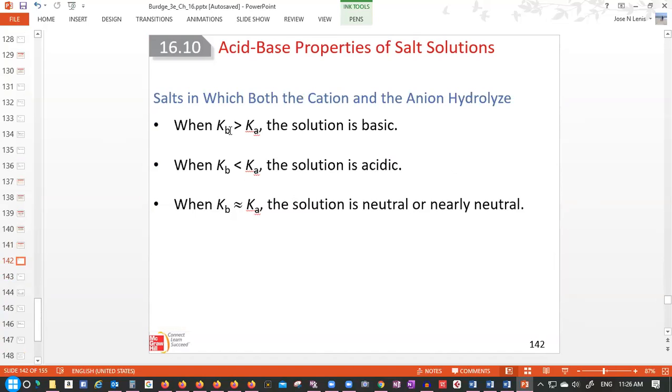When Kb of the base is bigger than Ka of the acid, the solution is basic. When Kb of the base is less than Ka of the acid, the solution is acidic.